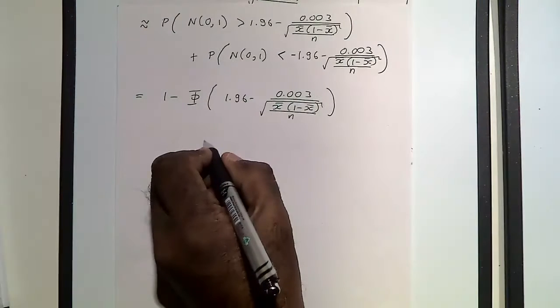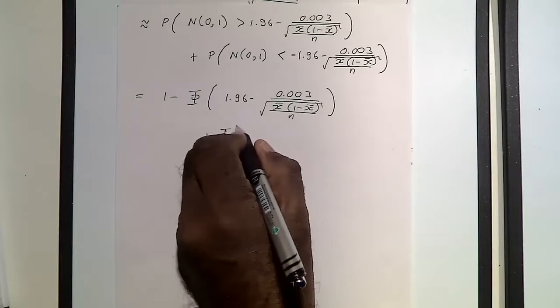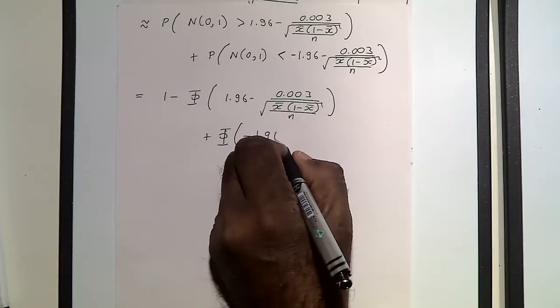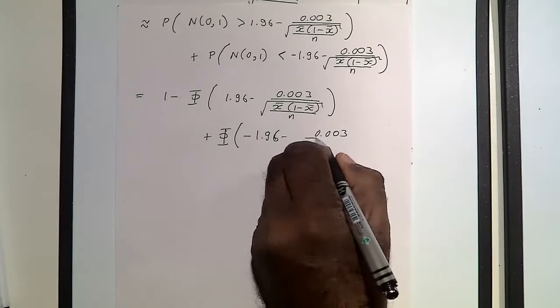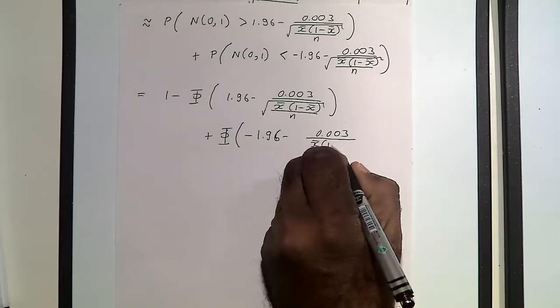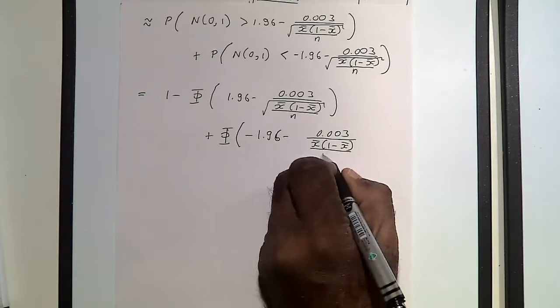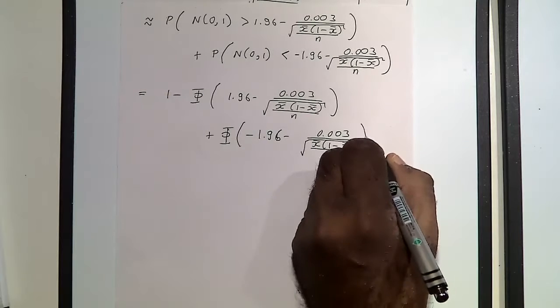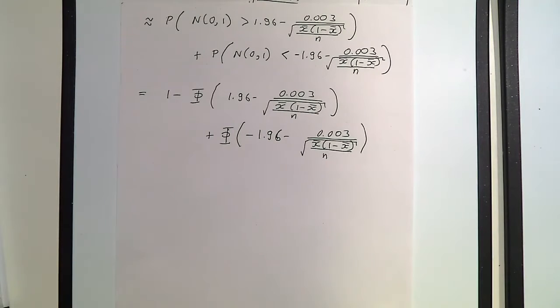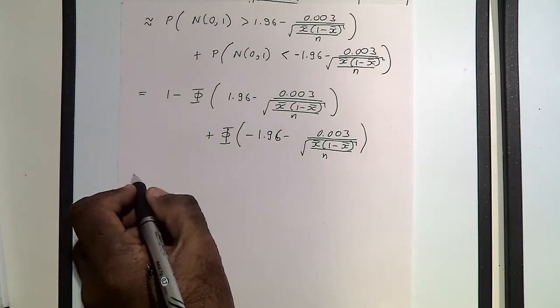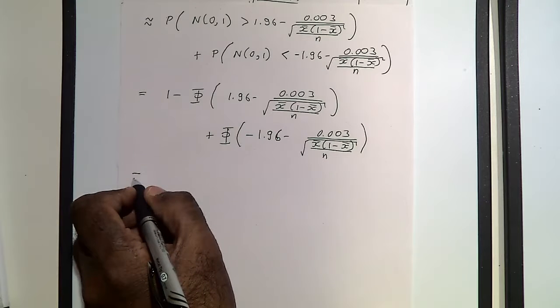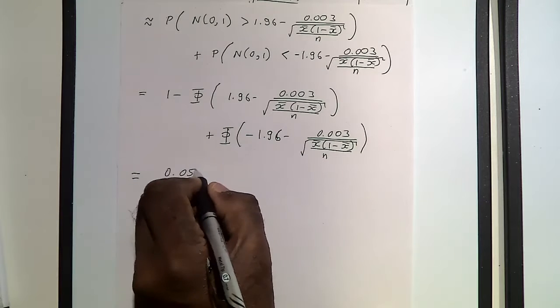And the second term you can write as phi at minus 1.96 minus 0.003 divided by this, like this, right? You can work this out using your calculator. You should put in the value for x bar and the value for n, which are given in the question. You will get this to be equal to 0.058.